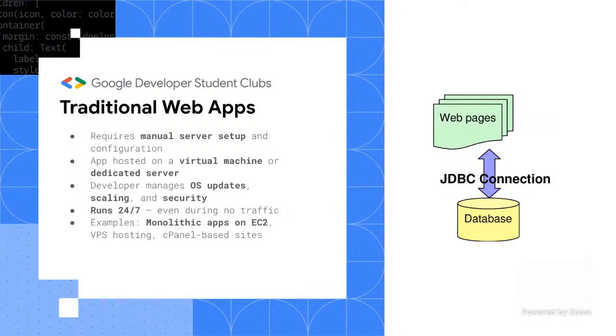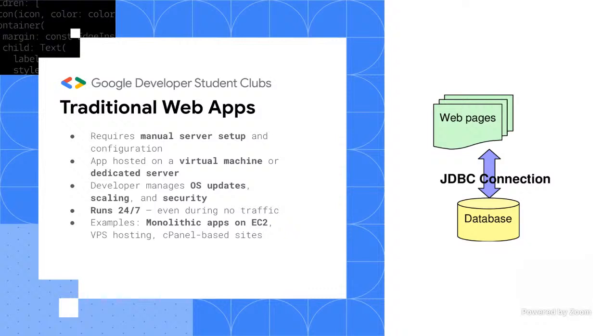Now, going to the quick intro of traditional web applications. The title of the workshop is, as it suggests, serverless web applications, introduction to serverless. So there should be something which existed previously, right? Why are we moving to these serverless web applications and why do we want to use them?